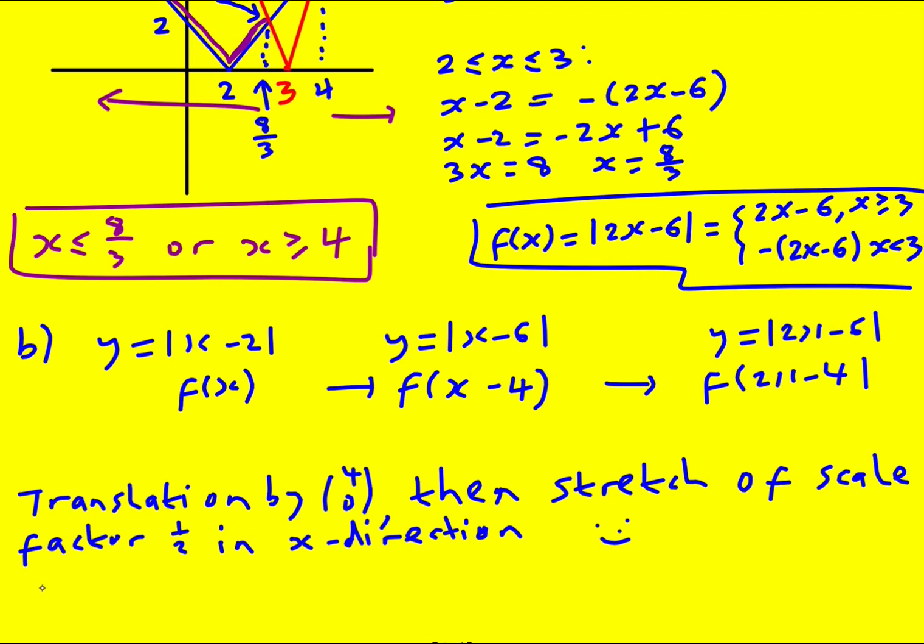Now, there are lots of other answers, in fact, for part B, so if you didn't get what I got, then that could be absolutely fine. An alternative is to first of all do the stretch by scale factor a half in the x direction. Make that the first transformation that you do. You just have to be a bit careful if you do that, because you would not now do a translation by 4, 0, because when you do a translation by 4, 0, you replace x by x minus 4, and that won't give you the minus 6 overall.